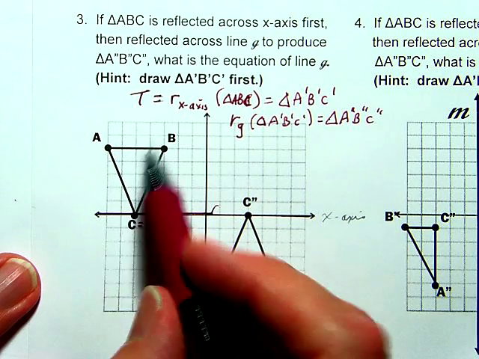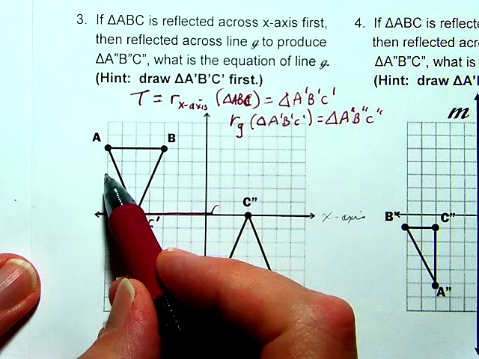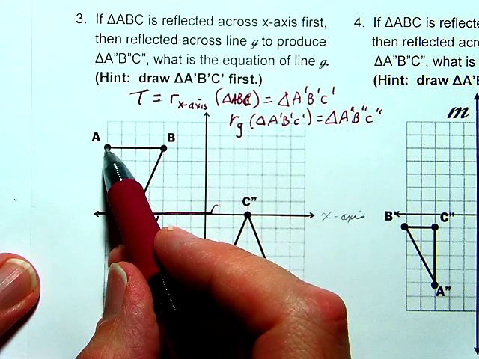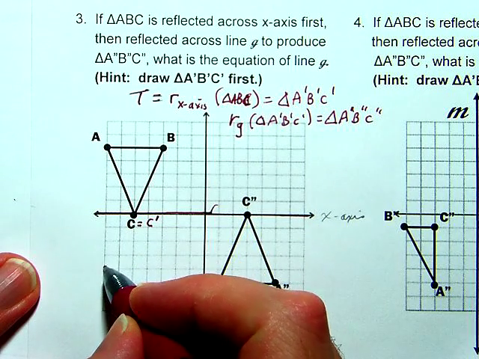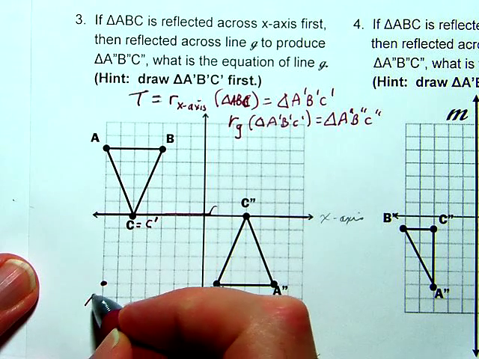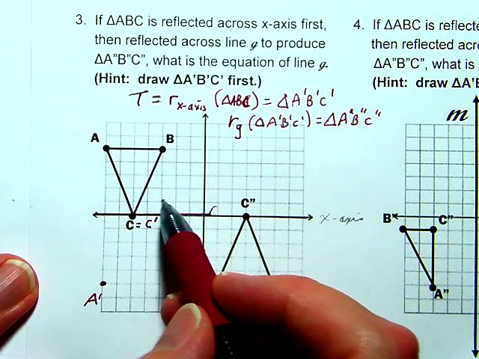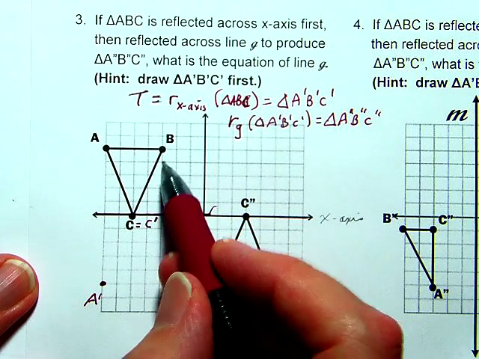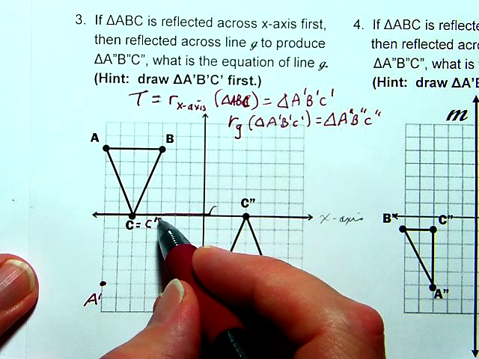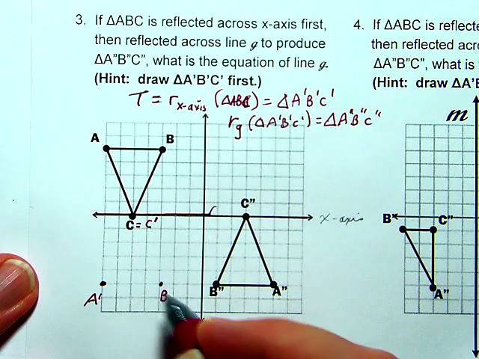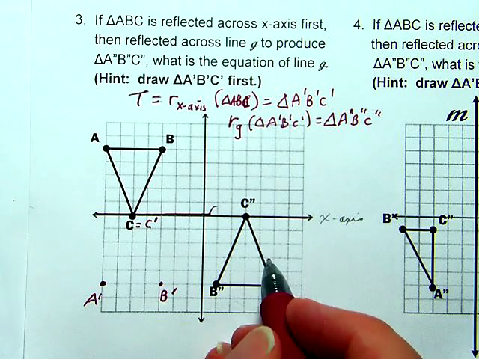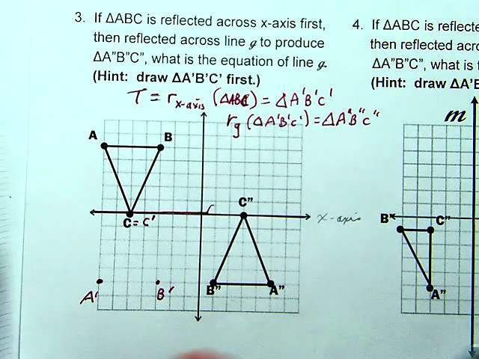A, however, is 1, 2, 3, 4, 5 units above the x-axis, so it gets reflected 1, 2, 3, 4, 5 units below. So this becomes A prime. And B is also 5 units above, so it also gets reflected 5 units below. So our A prime, B prime, C prime triangle is this.